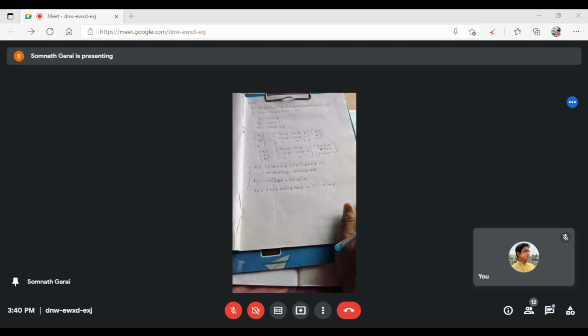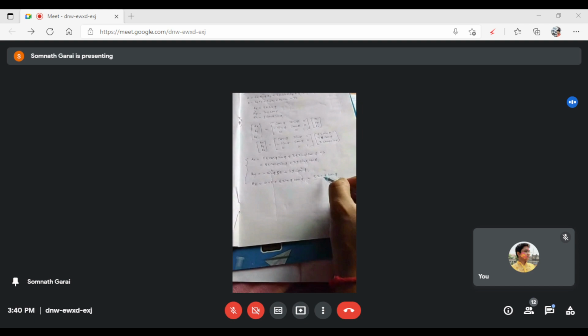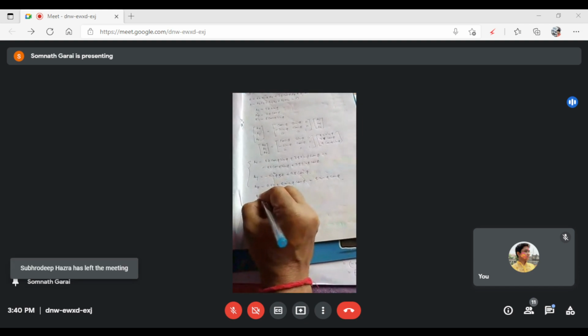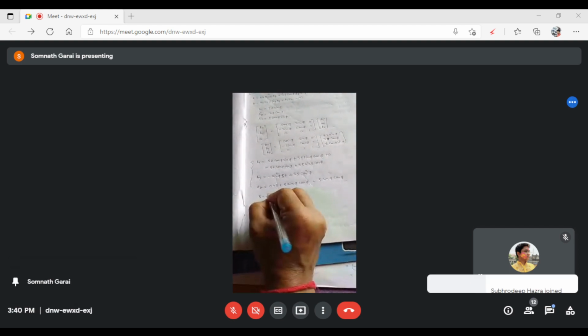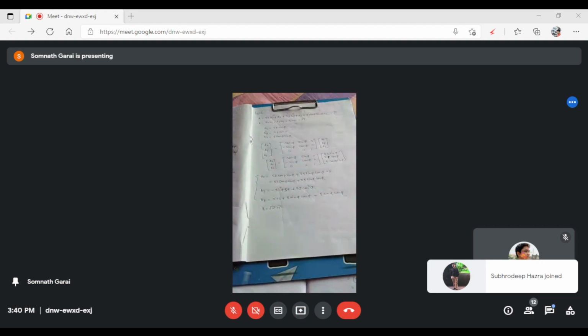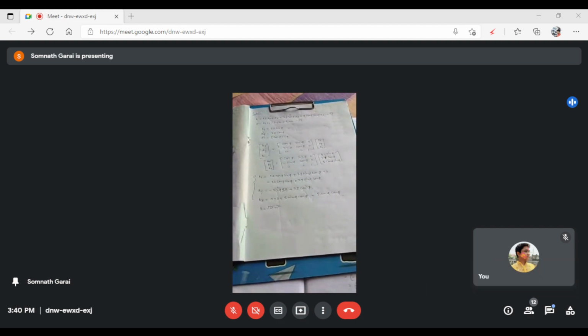Now we replace the values of sin phi, cos phi and rho. Rho is equal to root over x square plus y square.